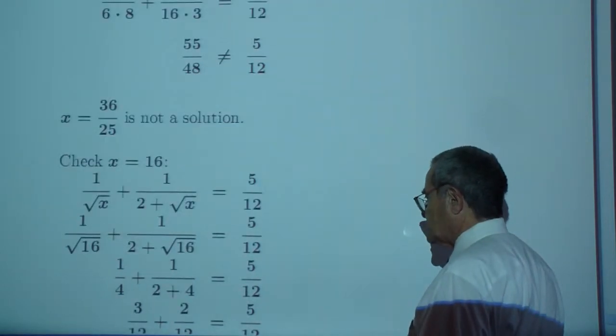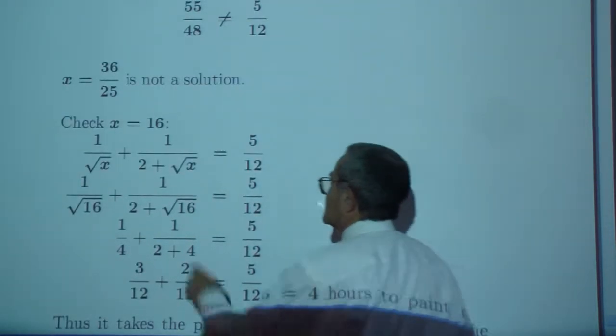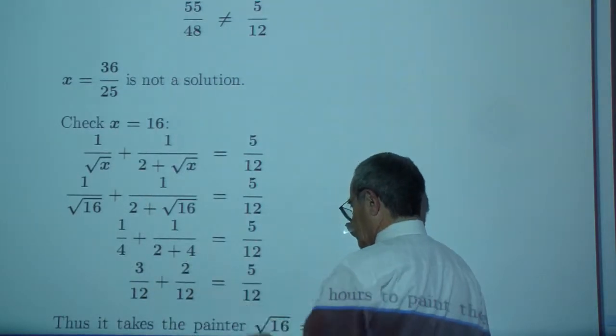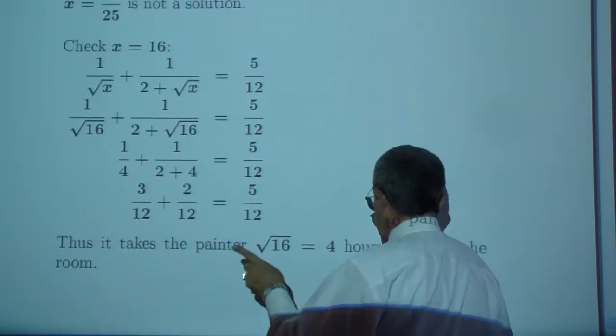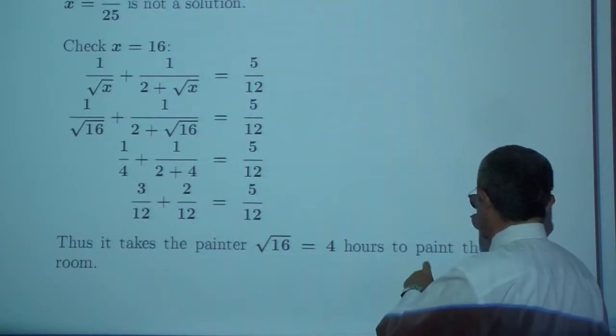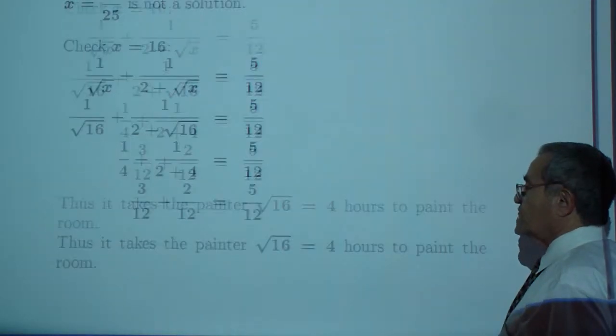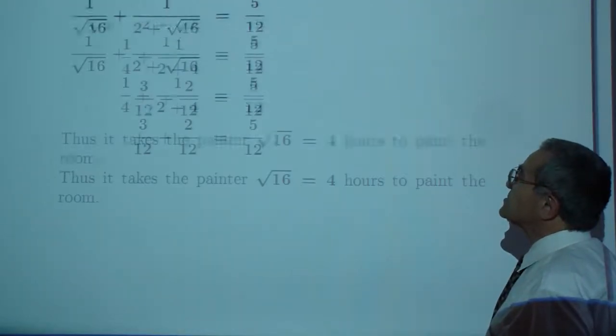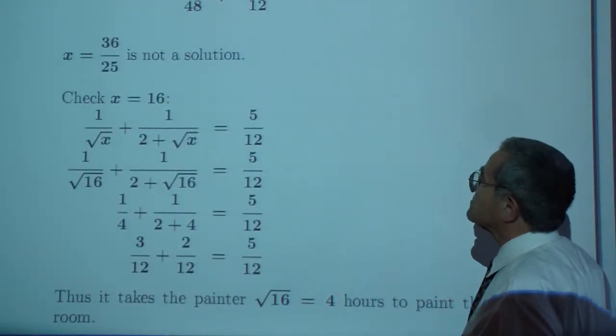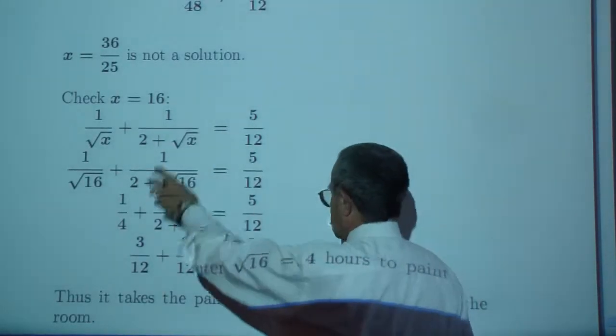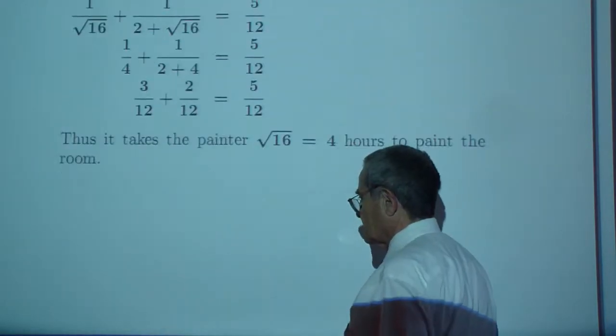Then you check x, which is 16. If x is 16, you crank that through, and if that is correct, it takes the painter by himself 4 hours to paint the room. Now, is this really a solution? I didn't check it. Yes, I checked it right here. That's it.